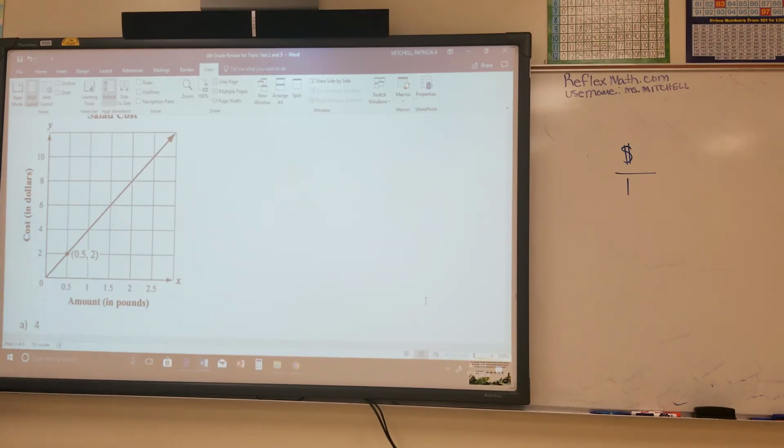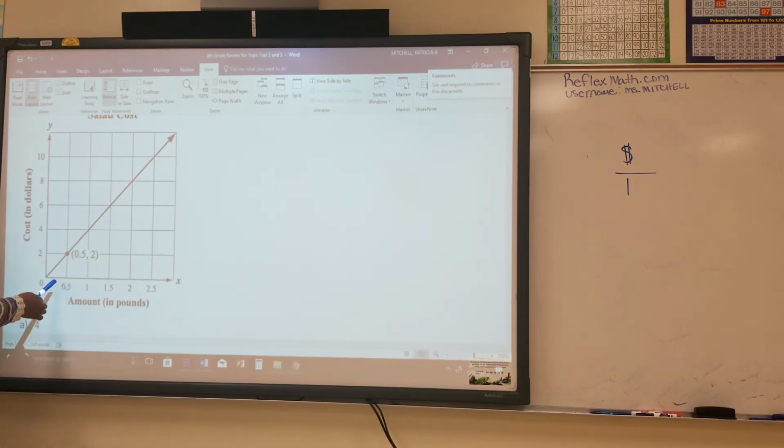And so our question is asking us, what is the unit cost? So we already know that y has to be our denominator. So therefore, amount is 1 in pounds, because it's per pound.